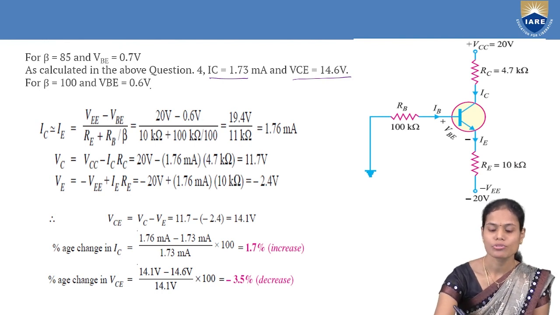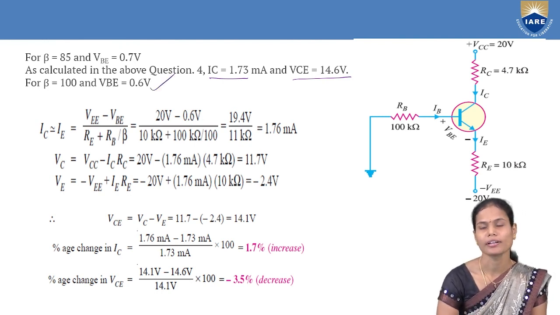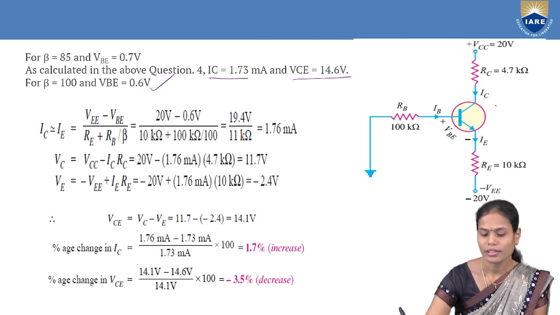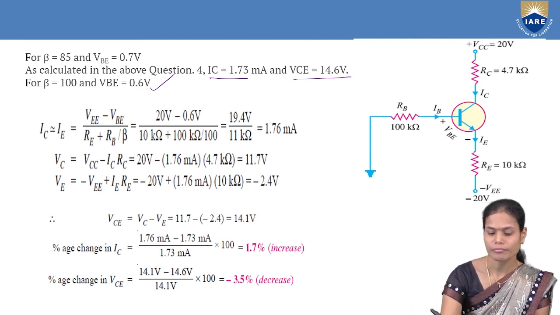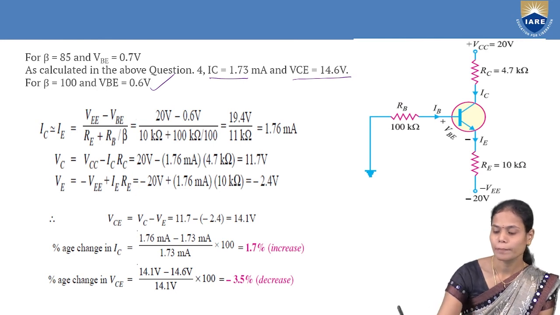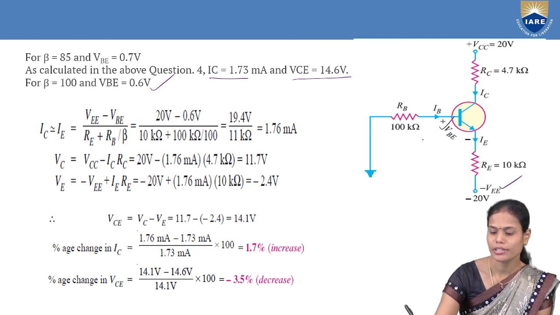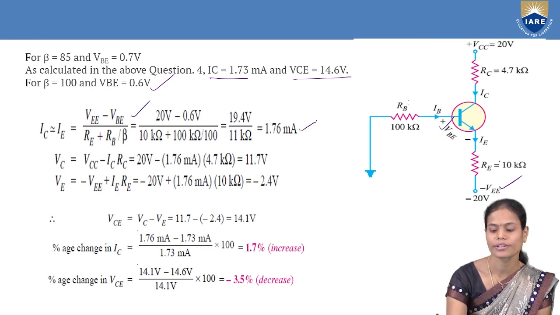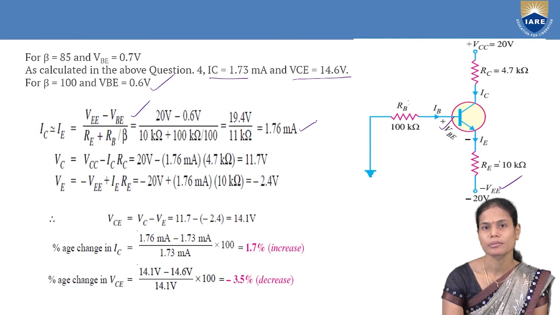These values are for beta equal to 100 and VBE equal to 0.6. To find the IC, we are taking VEE minus VBE divided by RE plus RB by beta. After substituting all the values, we will get it as 1.76 milliamperes.